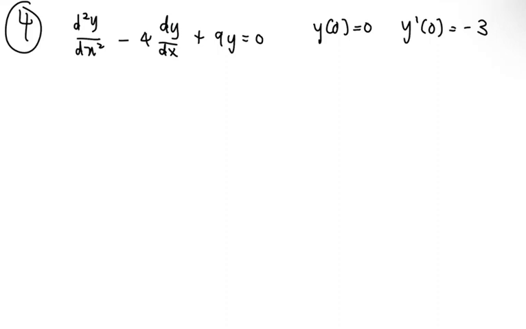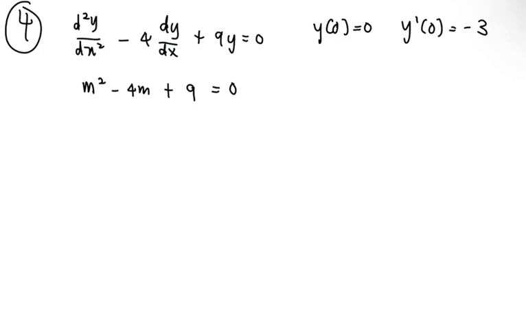Okay, first we transform this equation into characteristic equation. So here we have m squared minus 4m plus 9 equal to 0.